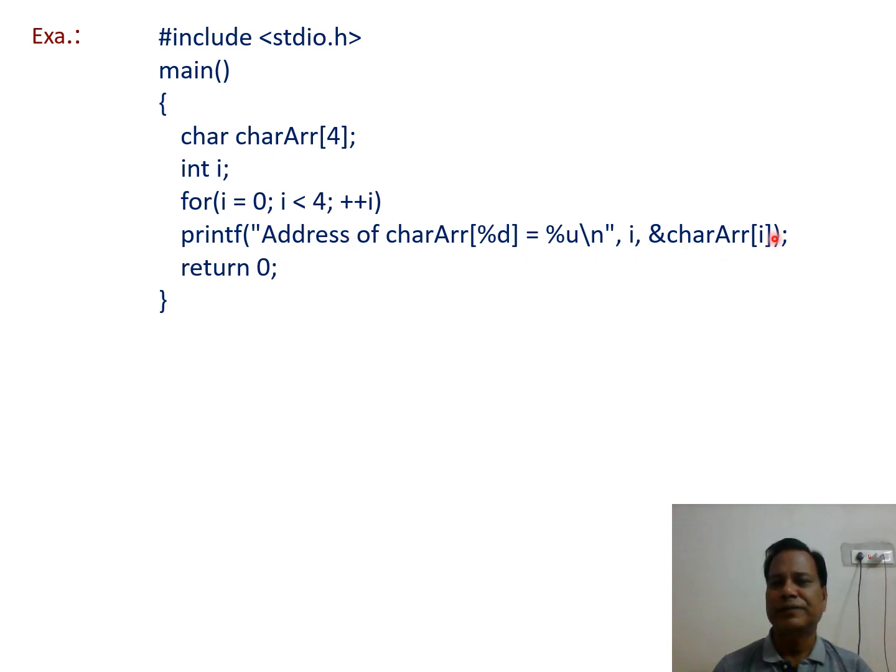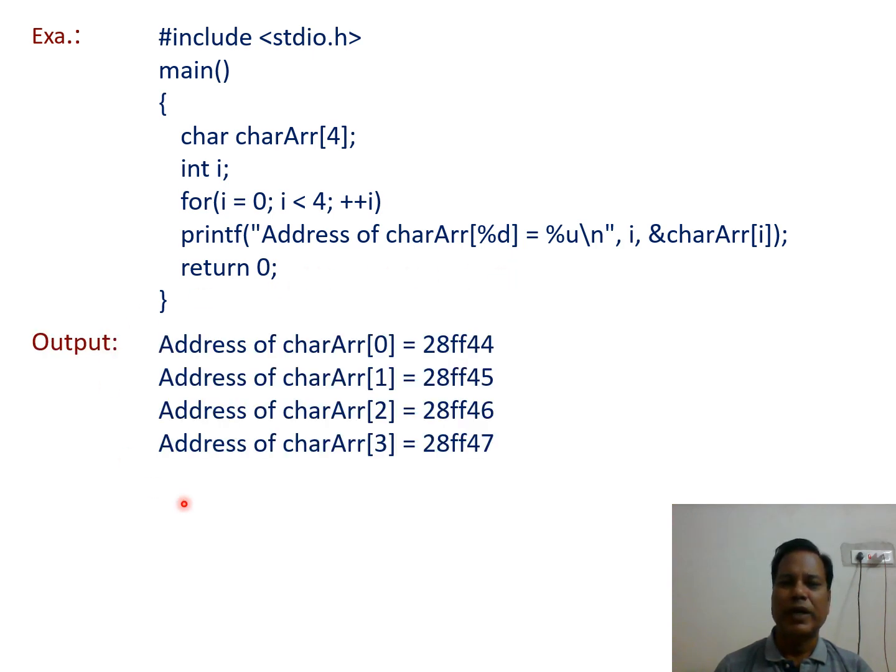And when the condition becomes false, control comes out of the for looping statement and at the end return 0 ends the program. So we get the output like this one, address of char[0] here.